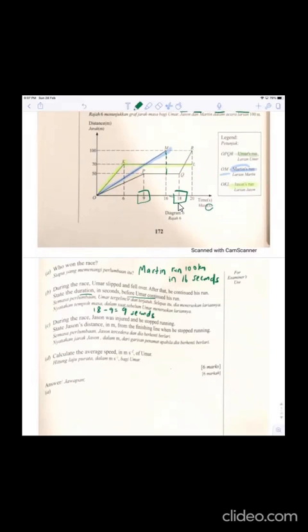That's it. Question 3. During the race, Jason was injured and stopped running. The OKL, Jason. State the Jason distance from the finishing line when he stopped running.